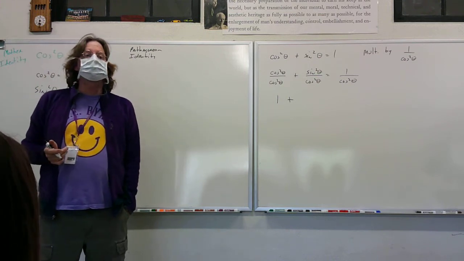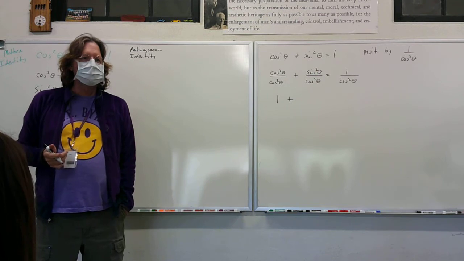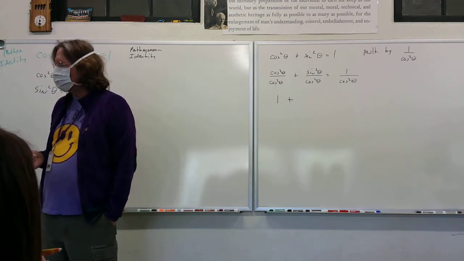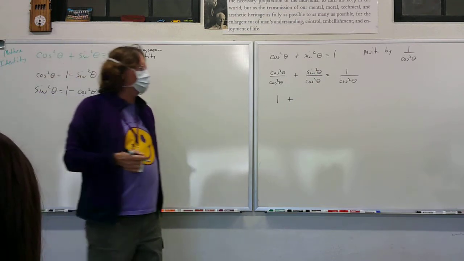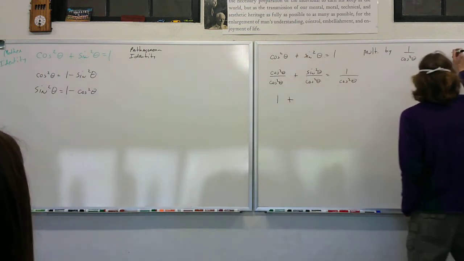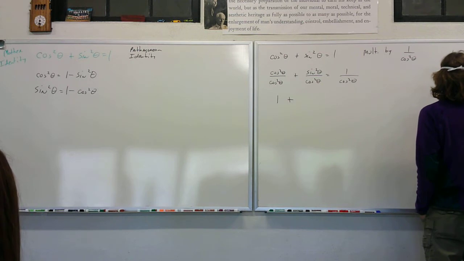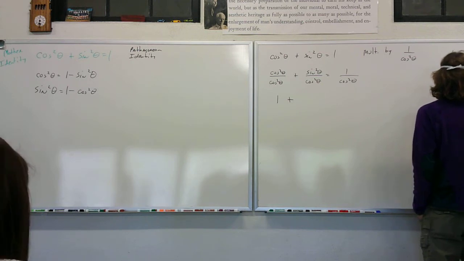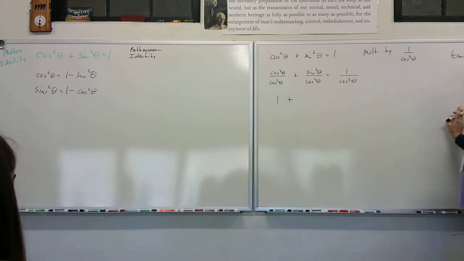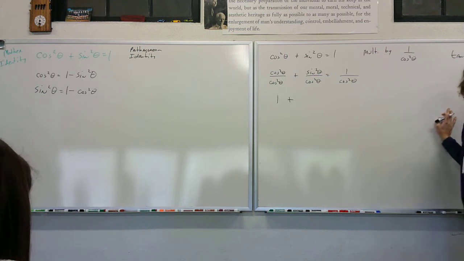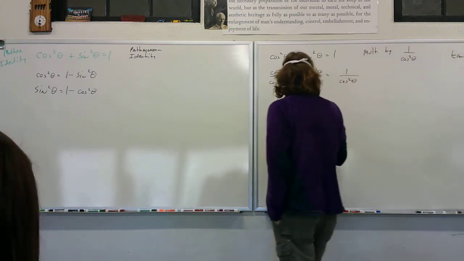Talked about it in geometry. Tangent, yeah. You might need to put that on the front of your circle. Tangent of theta is equal to sine theta over cosine theta. Put that on your front of your circle because you know that. So that equals tangent squared theta.